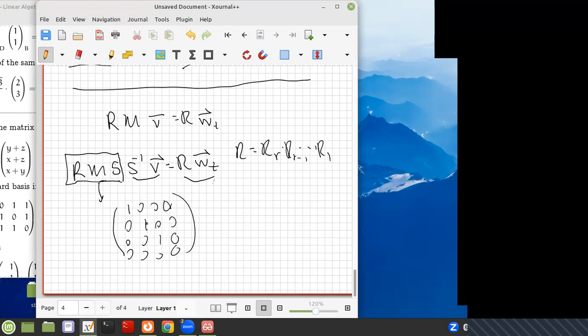So the matrix just acts like this. On any vector x, y, z, w, it's going to go to the target vector, like 1, 2, 3, 4, right?